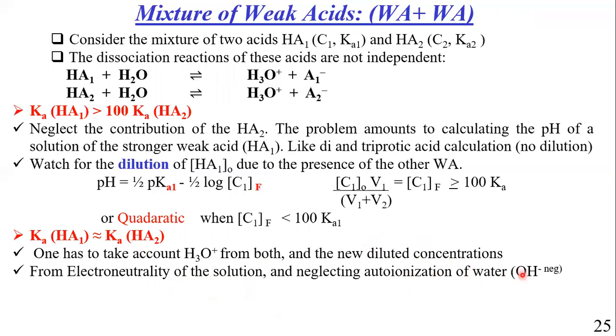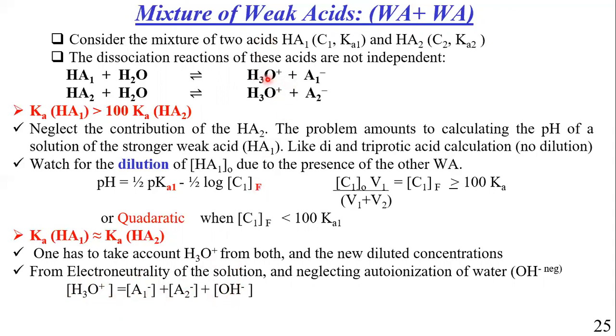We consider that the autoionization of water is negligible, thus my OH minus in solution is also considered negligible in the electroneutrality expression. Let's look at the electroneutrality expression, which is right here. Again, electroneutrality, positives on one side, negatives on the other. Let's look at the positives.